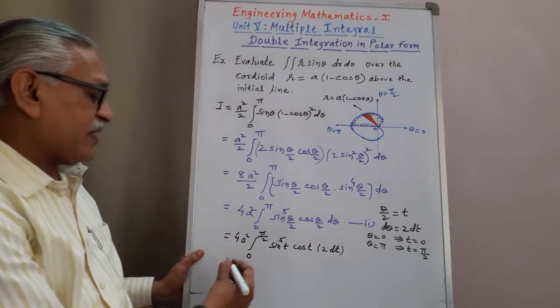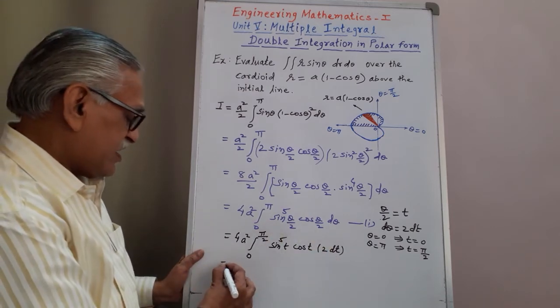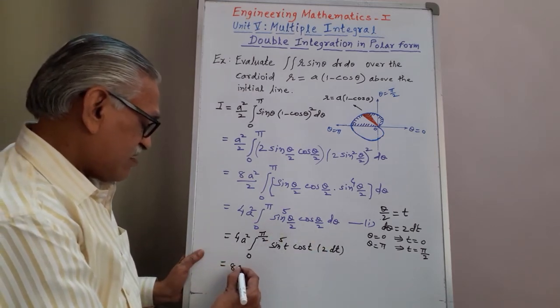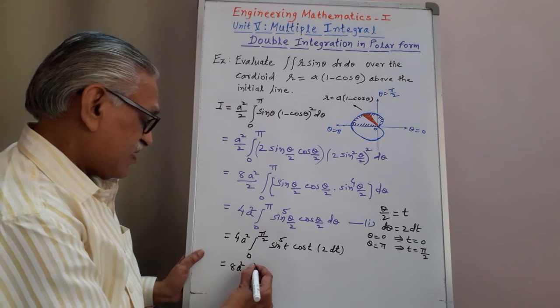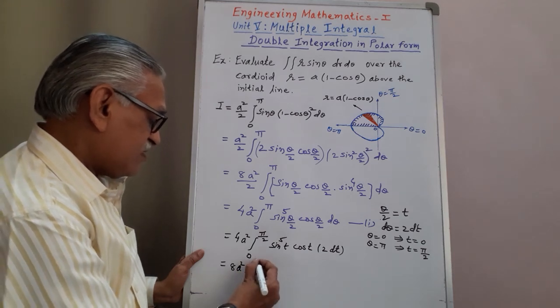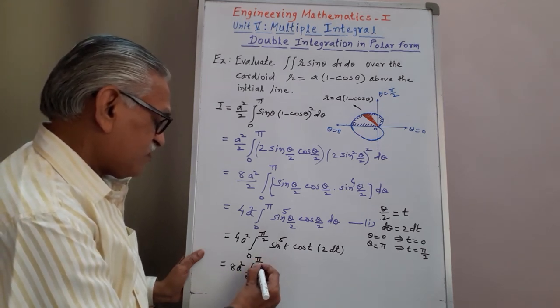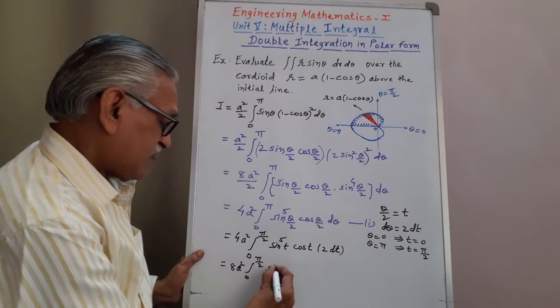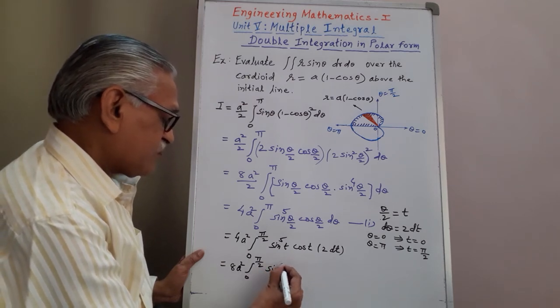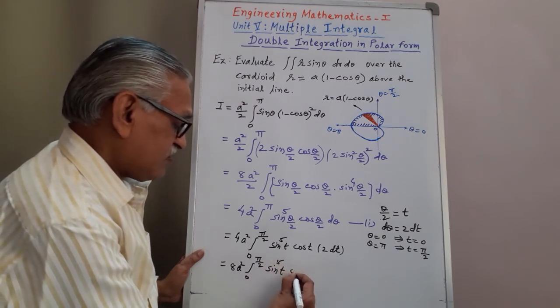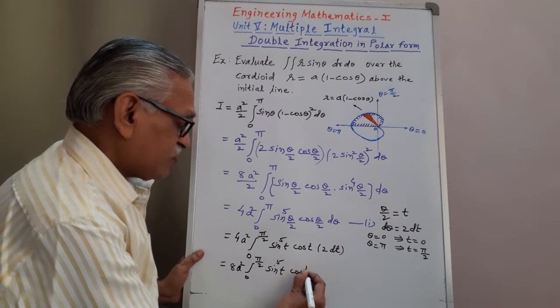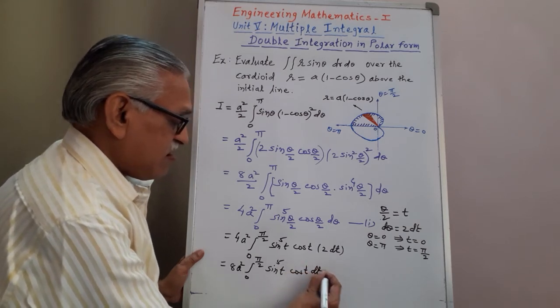And therefore, simplifying it, taking 2 outside, we get 8a square integral from 0 to pi by 2 sin t raised to 5 cos t dt.